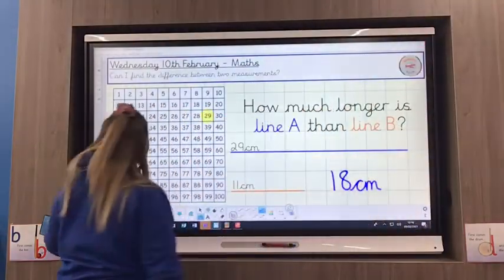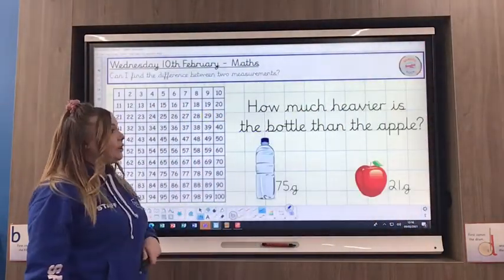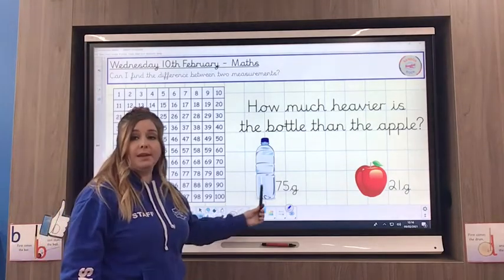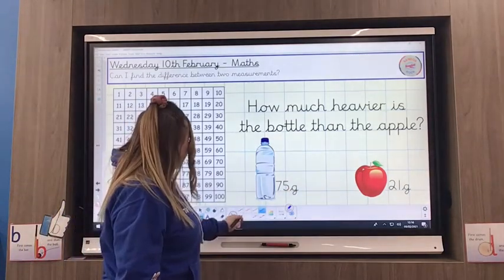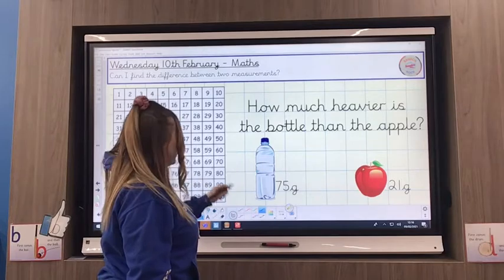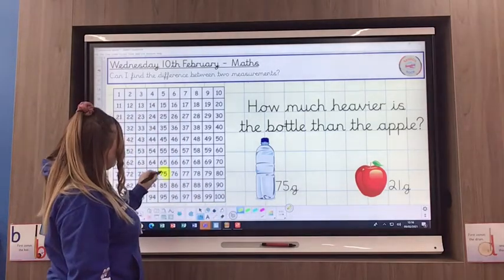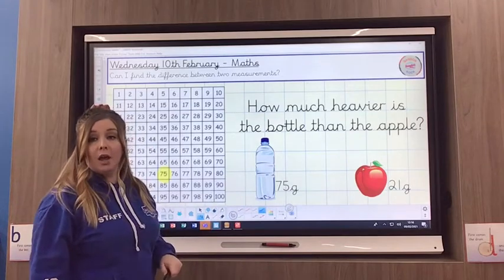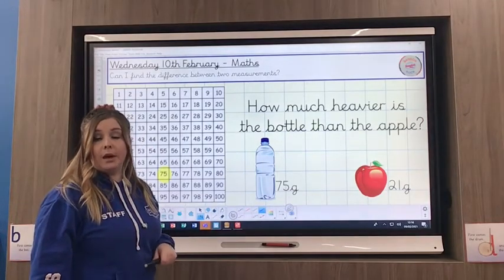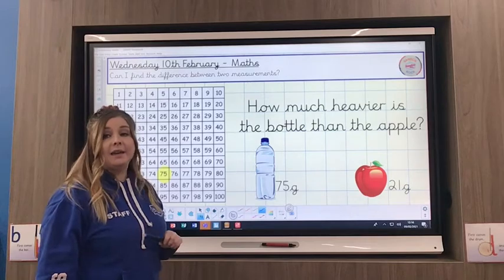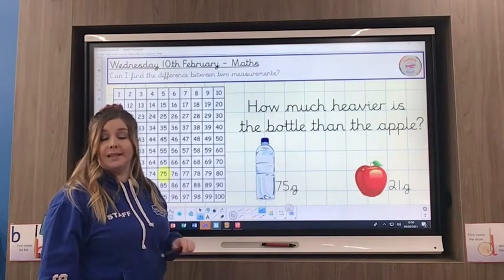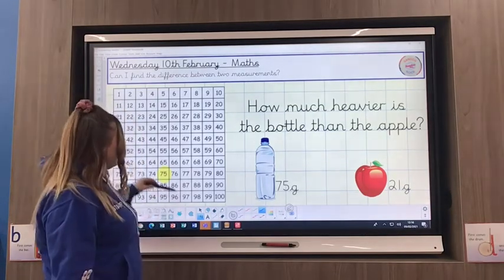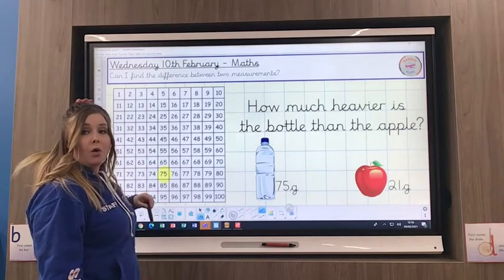The next one then is asking you to find the difference between these weights. So let's find my highlighter again. I've got 75 grams and I need to take away 21. Now remember, if we're taking away numbers of 10, so numbers in our 10 times tables, we can just go straight up a box.